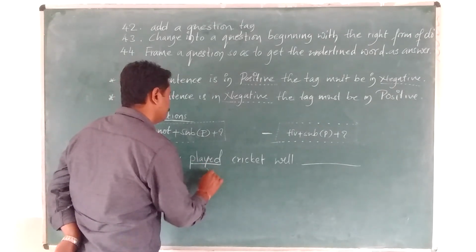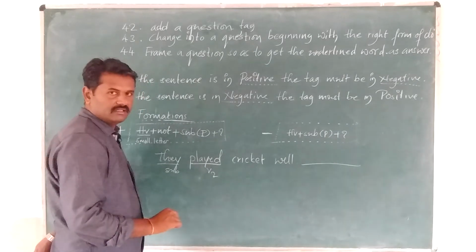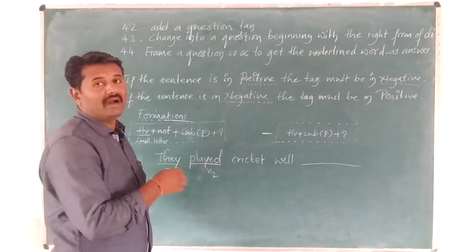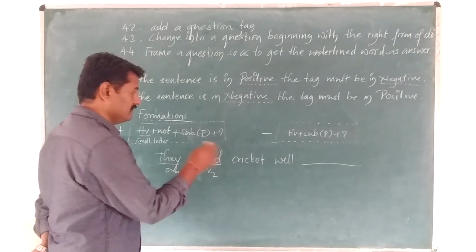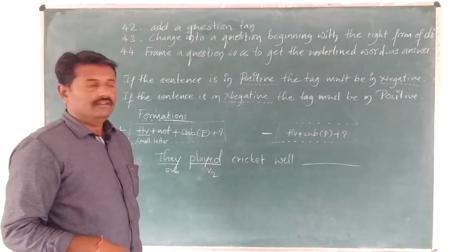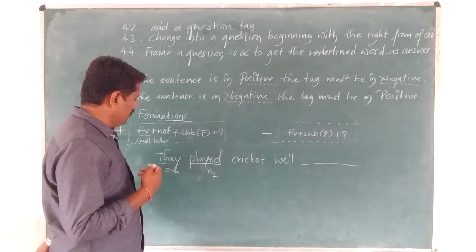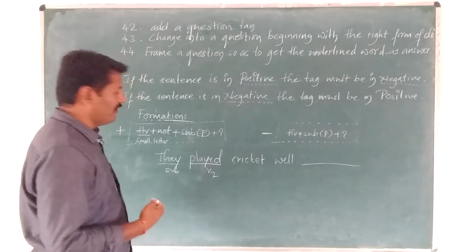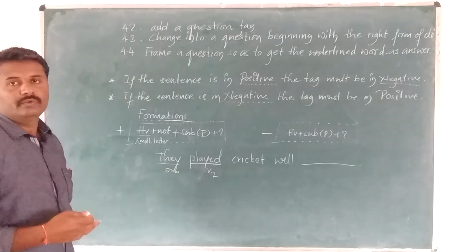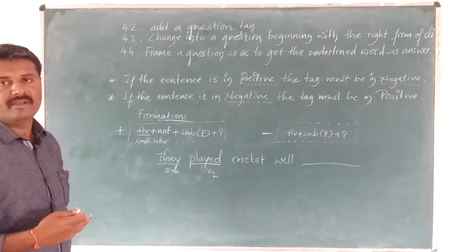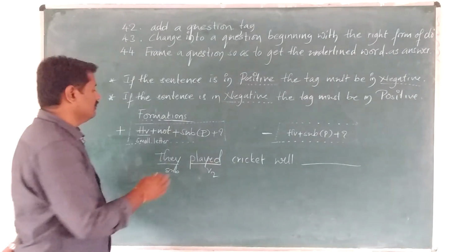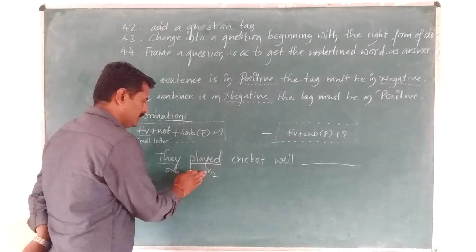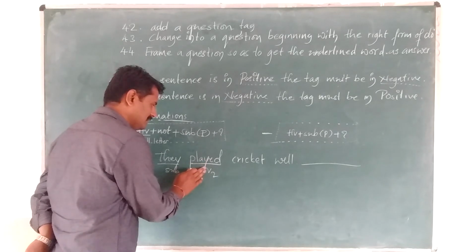The verb is in V2 form, in the sense of past tense. So the sentence is in past tense. And then see, there is no helping verb. So how to find the helping verb? The verb is in V2 form, in the sense it is in the past tense.